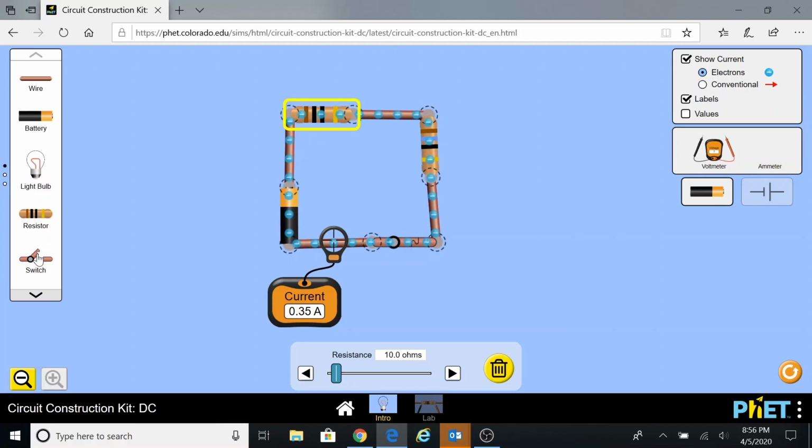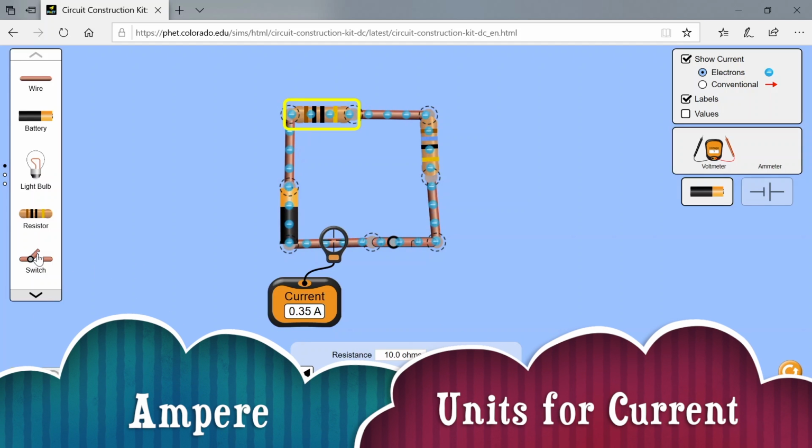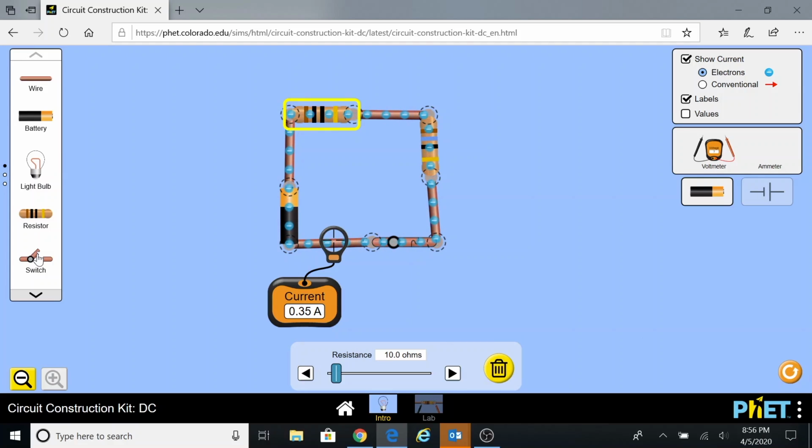Current is usually just talked about as amps. Again, amps is the unit that we measure current with. Amperes is actually the full name. But because people tend to like shorthand, instead of current, we just say amps.